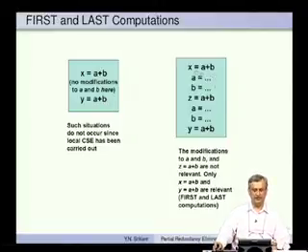Take the other situation, you have x equal to A plus B, then you have modified A and B, then you have z equal to A plus B, another computation of A plus B, again you have modified A and B, then you have y equal to a plus b, third computation of a plus b. So, what is relevant to us is just x equal to a plus b and y equal to a plus b.